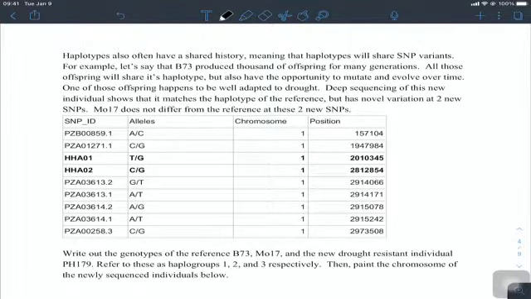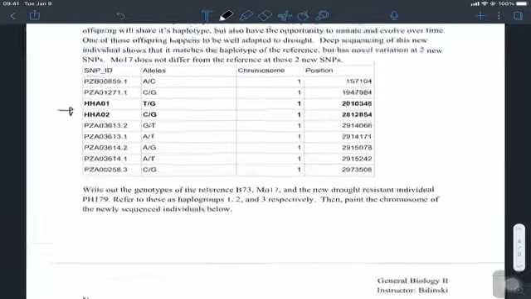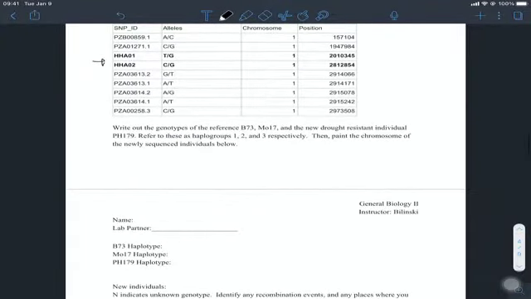Hopefully you paused the video. If so, welcome back. Let's try to piece this together with our 2 new markers, the HHA01 and HHA02. So we know what the B73 haplotype was. We know that, and I'll write this down here, so zoom out a little bit.